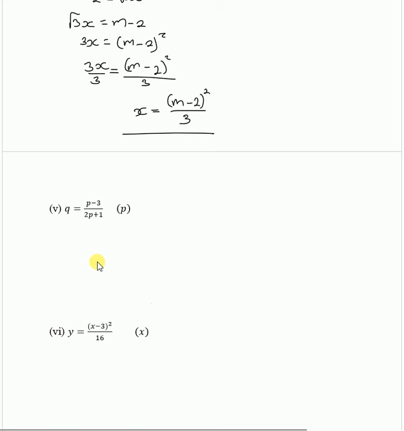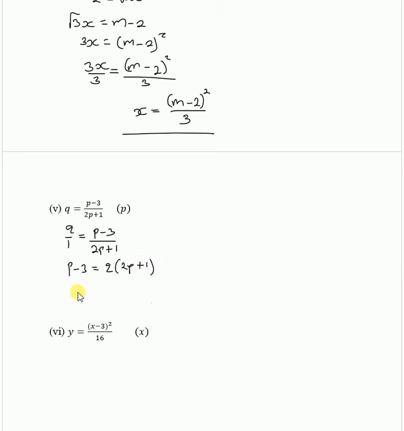Then this one is q equal to, can also write it as q over 1 equal to p minus 3 divided by 2p plus 1. Let us cross multiply 1 times that. I have p minus 3 equal to... okay, let me write it like I have q times 2p plus 1.